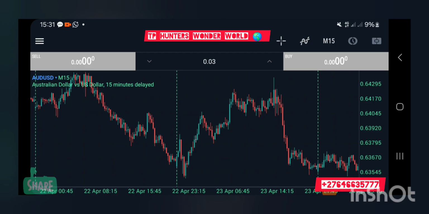So understanding the BSLs, buy side liquidity, and SSLs, sell side liquidity. Let me say it's a game changer. These zones are not just random price levels.